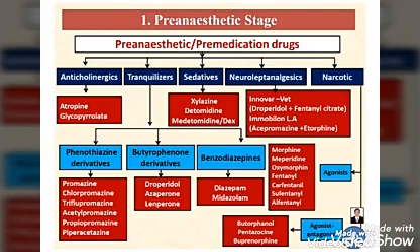Generally, the normal dose of thiopentone is 10 milligrams per kg body weight, and propofol generally uses 6 to 8 milligrams.